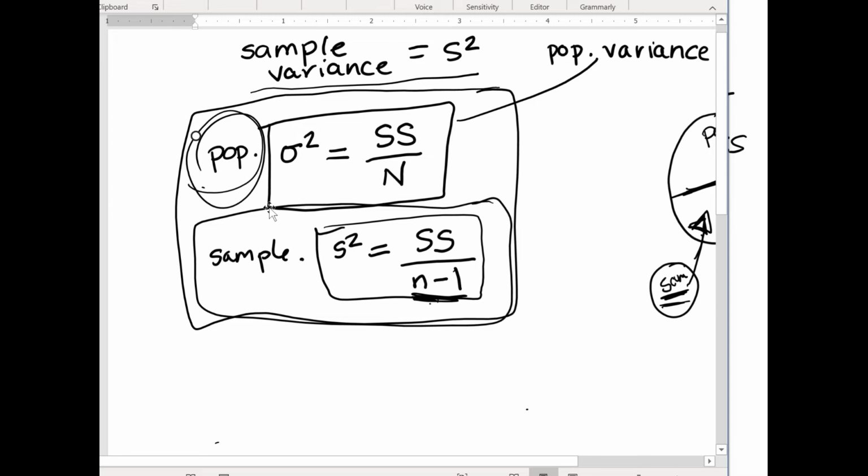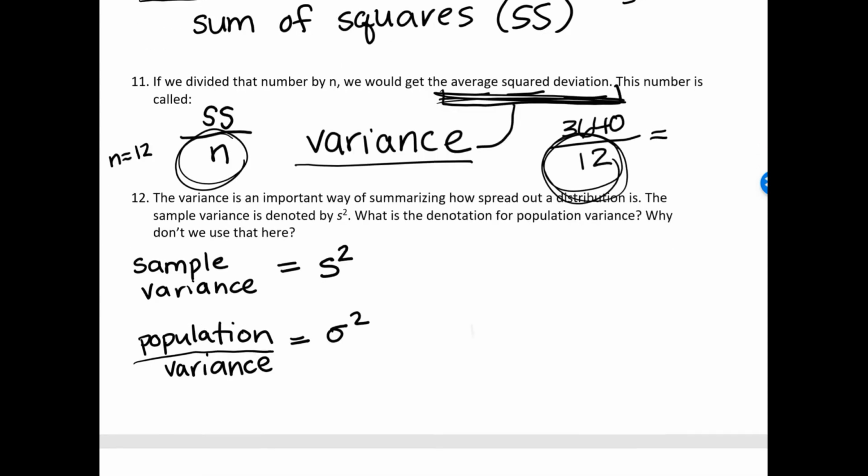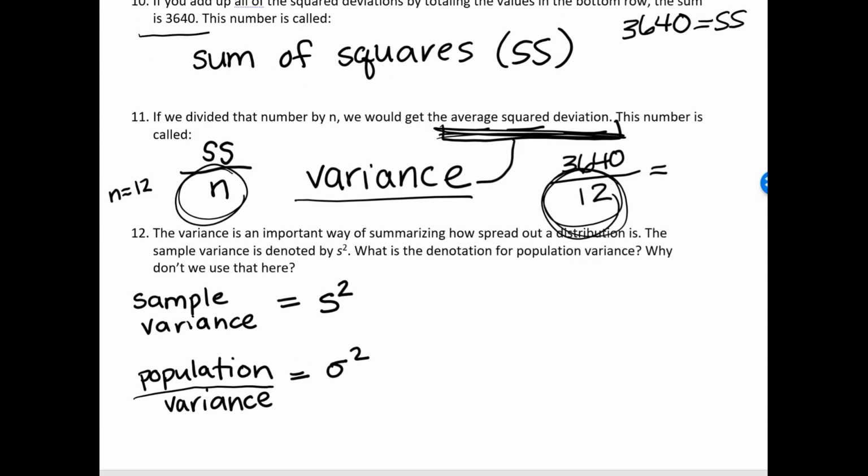Okay. So back to this classwork. Now that we took our detour, let me just add these in here so we have them together. So the variance is an important way of summarizing how spread out a distribution is.